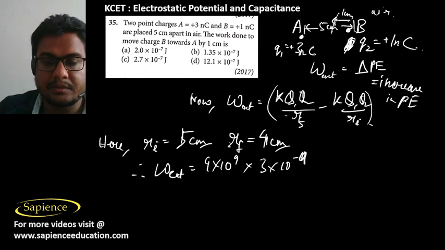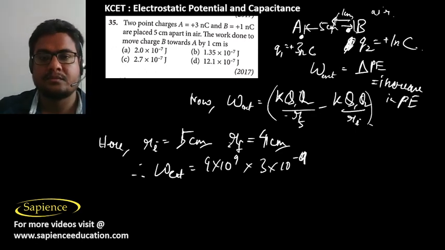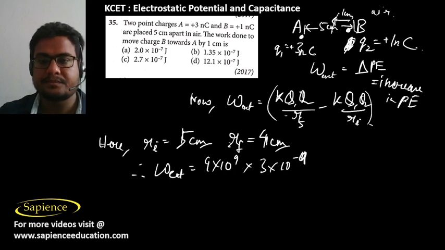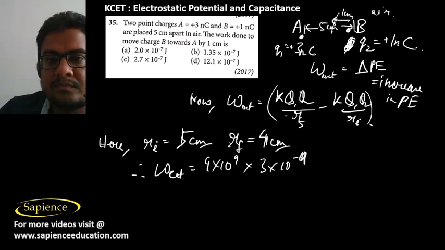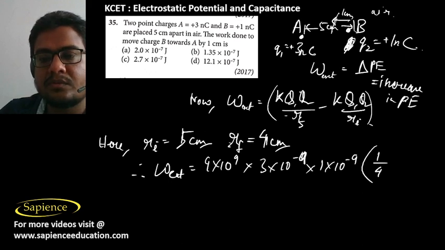So the work done by the external force is 9 into 10 power 9 into 3 into 10 power minus 9 into 1 into 10 power minus 9 into (1 by R final, 1 by 4 into 10 power minus 2, minus 1 by 5 into 10 power minus 2).